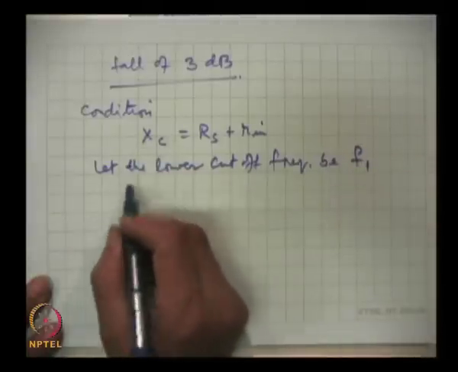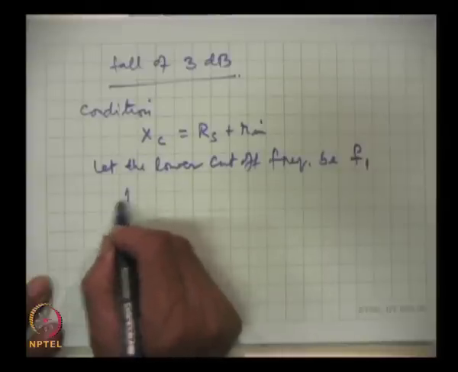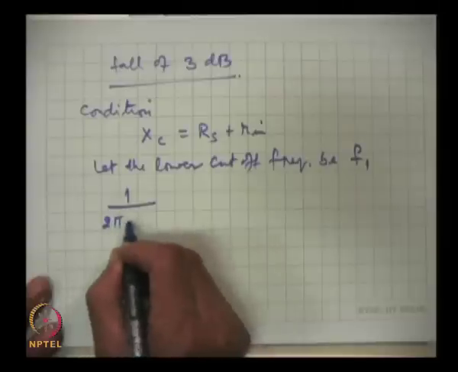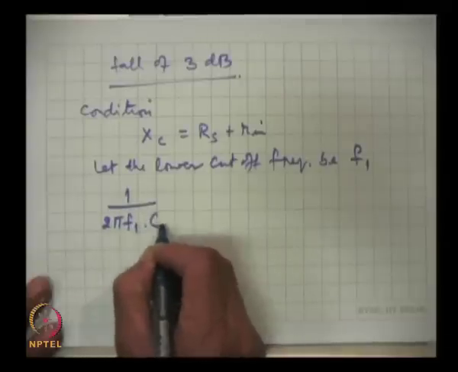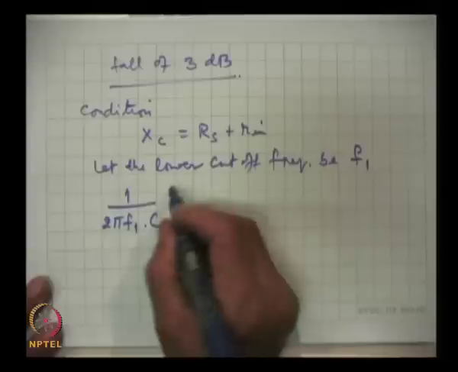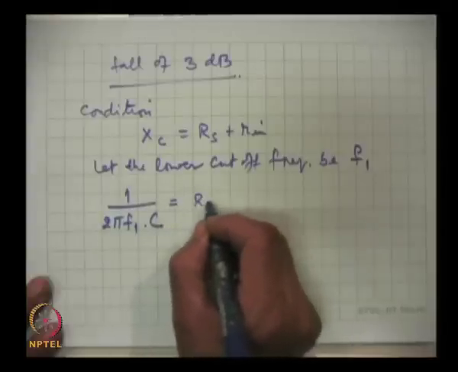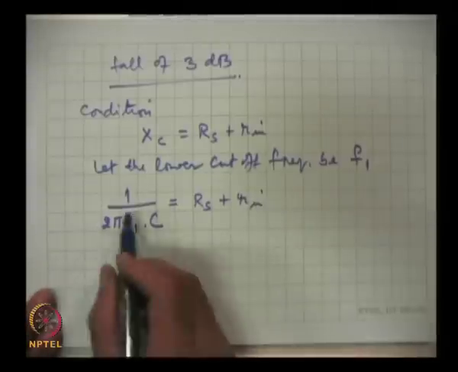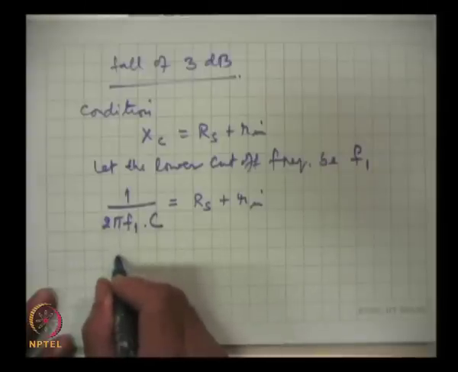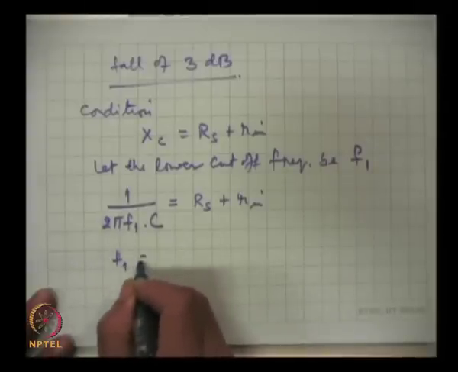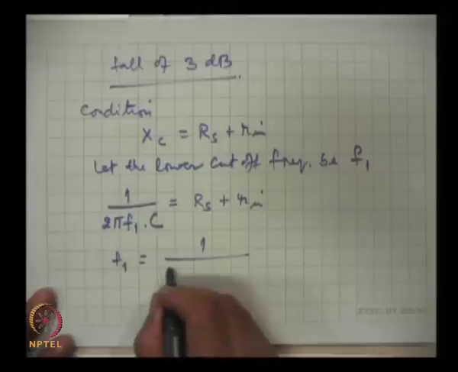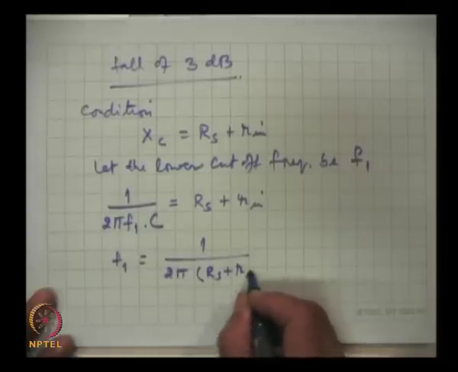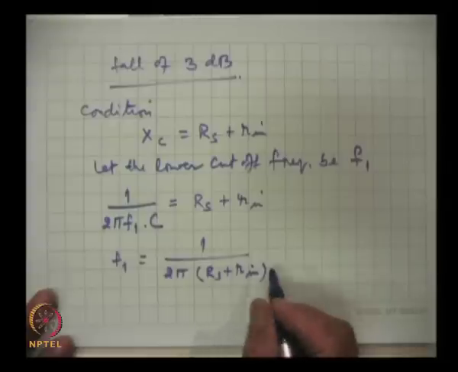Then let us substitute for this reactance 1 by omega C, where omega is 2 pi F1, and C is the value of that coupling capacitor. This is equal to Rs plus R in. From here the frequency F1 is 1 by 2 pi Rs plus R in into C.